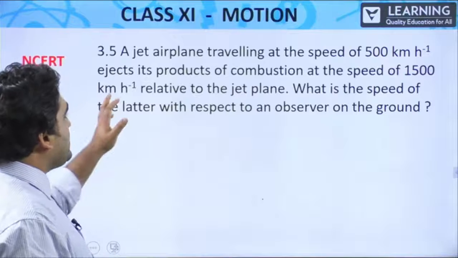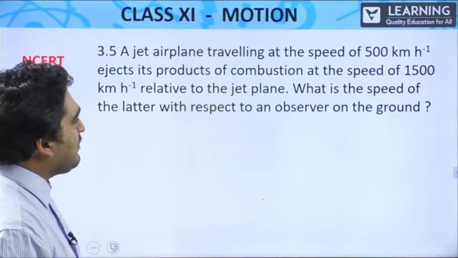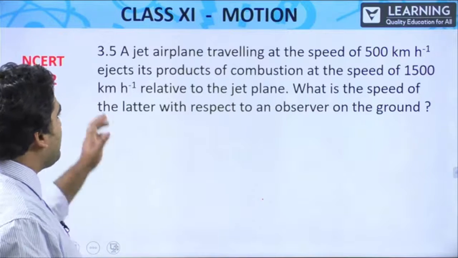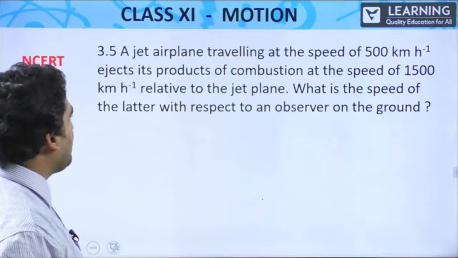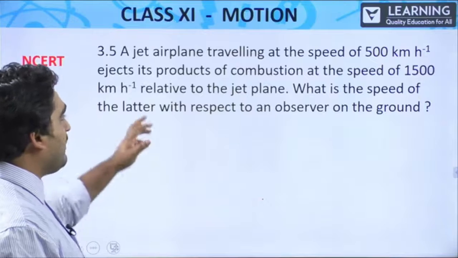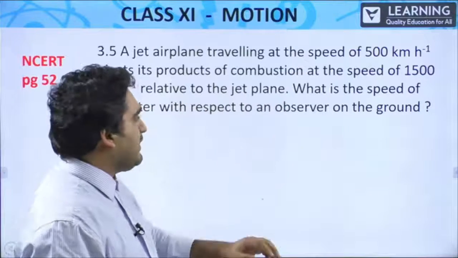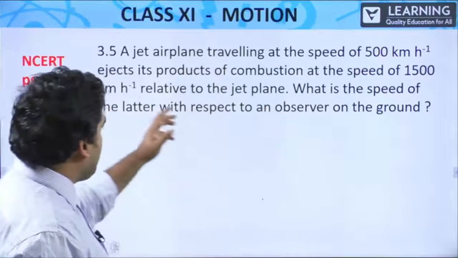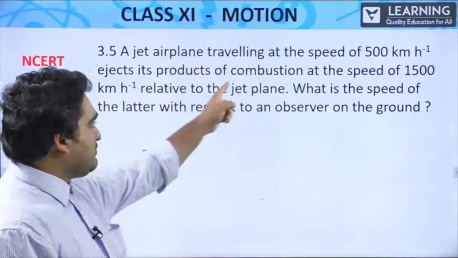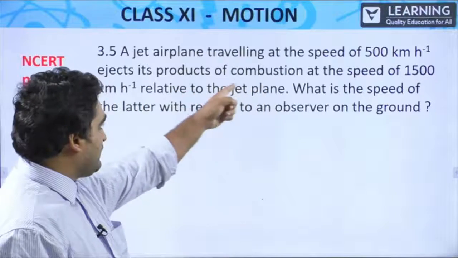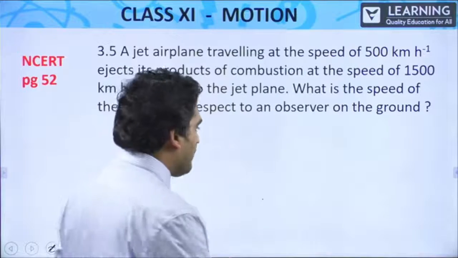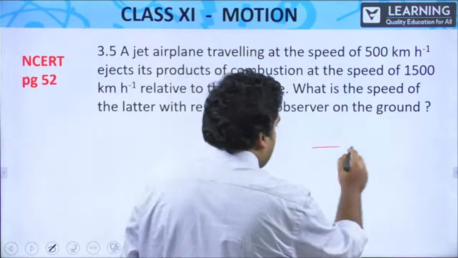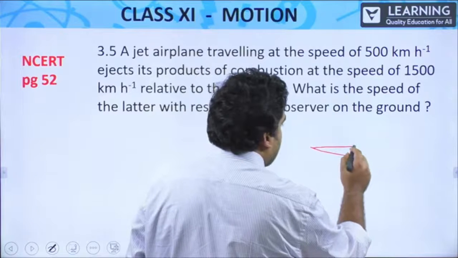The question reads, a jet airplane traveling at a speed of 500 km per hour ejects its products of combustion at a speed of 1500 km per hour relative to the jet plane. What is the speed of the latter, meaning the products of combustion, with respect to the observer on the ground? For your reference, if you want, you can draw a rough sketch of a jet plane.